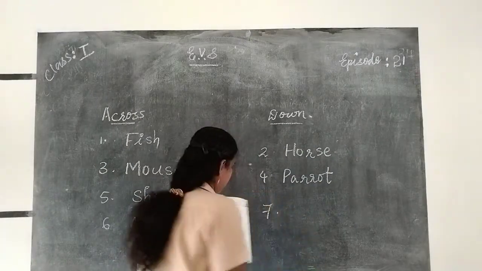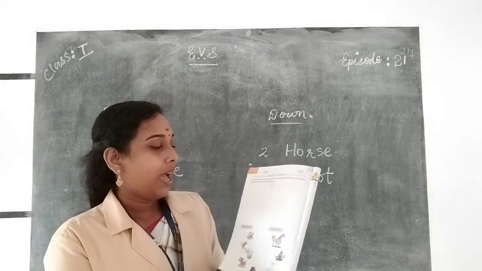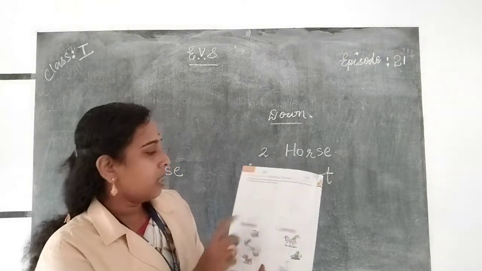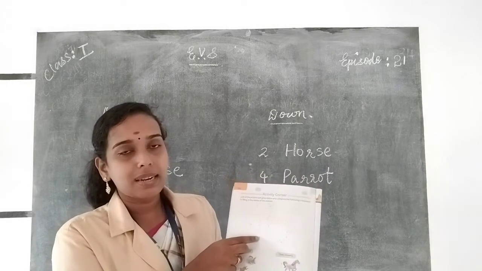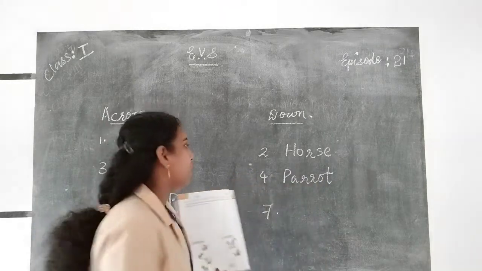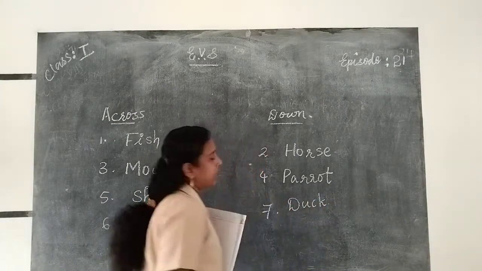And the last number is 7, in the downward direction. The picture shows a duck. Where is number 7? Here. D, U, C, and the missing letter is K. D, U, C, K. Duck.